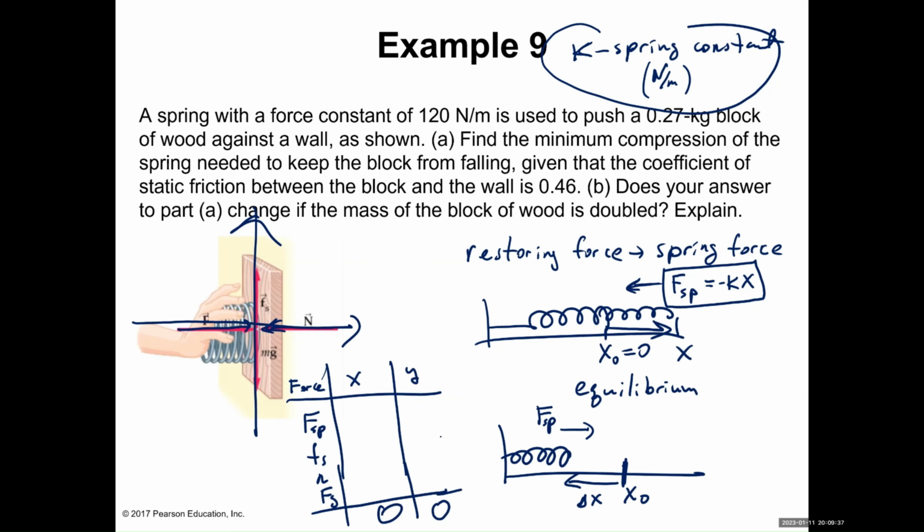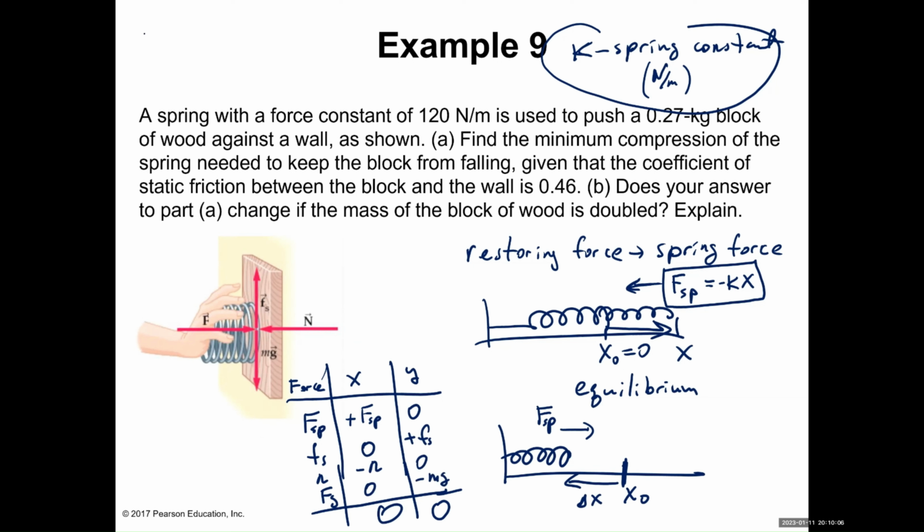The spring force is to the right and has no y component. Static friction is in a positive y direction, upward. Normal force is in a negative x direction because it's pointing to the left, as you can see from here. And gravity is always acting straight down.